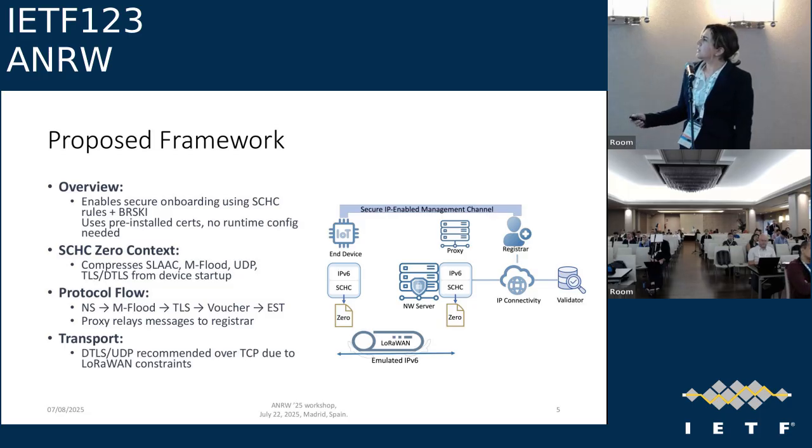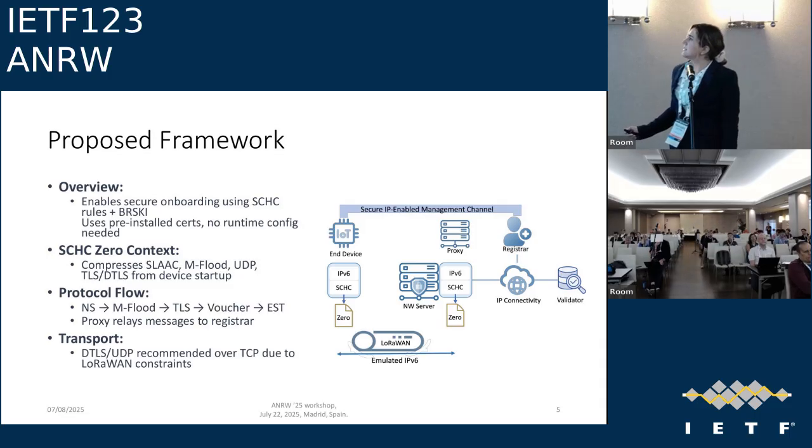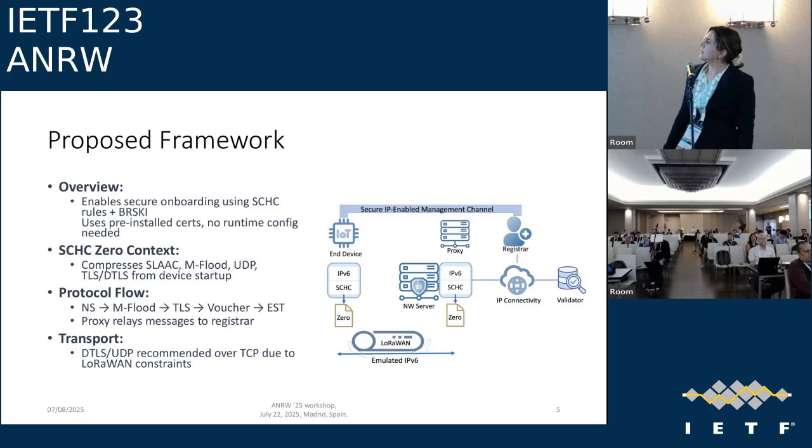So what we did is that this framework enables secure onboarding using SCHC rules, and BRSKI itself here is using the validator registrar to create a certificate for the end device, and making the TLS tunneling to provide the security in between. And we provided the SCHC0 context to compress all the messages required for onboarding the device as defined in BRSKI.